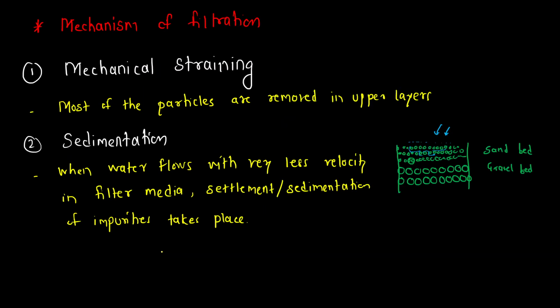Okay, so when a new filter is put in commission, when a new filter is in operation and the raw water is passed through it, then during the first 2 weeks the upper layers of sand get coated with partially decomposed organic matter. This is our topmost layer. Initially in the first 2 weeks there is a deposit of partially decomposed organic matter. This coating absorbs the organic matter in the colloidal state and the dissolved state.